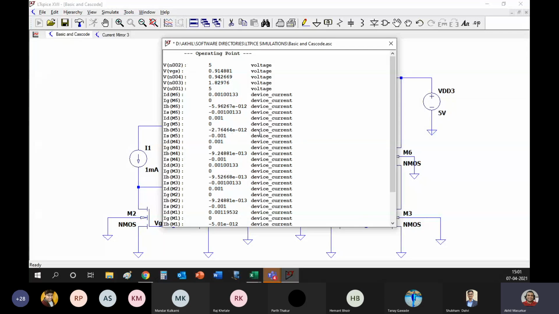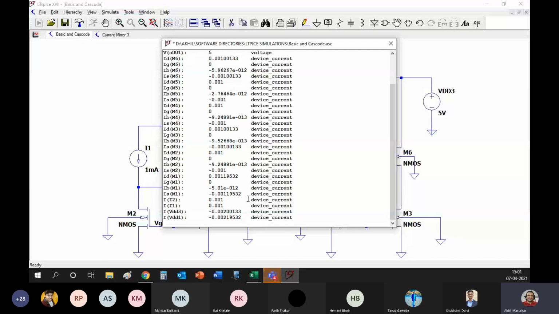You can see from below here, ID M1 is 0.001 and ID M2 is 0.0019. You can identify that here very well. This is ID M1 and here we have ID M2.